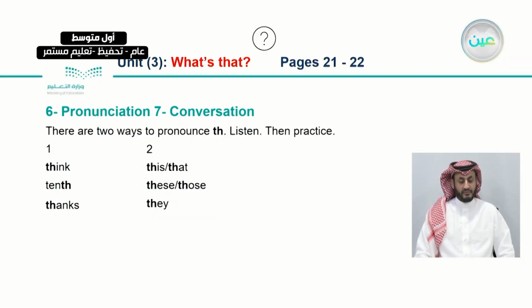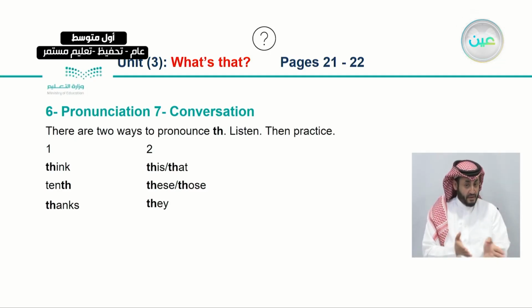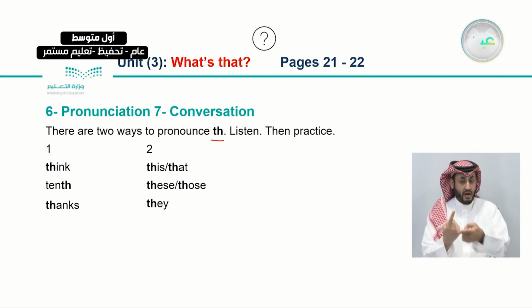In pronunciation and conversation, there are 2 ways to pronounce the TH letters. Listen, then practice. We have different sounds here. Look at the first word at number 1 right here. Think. Think.